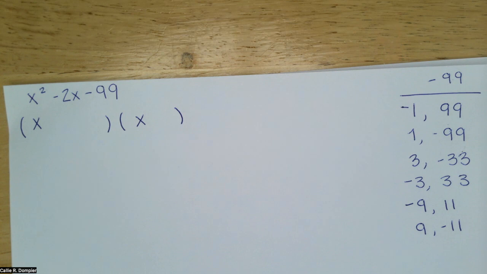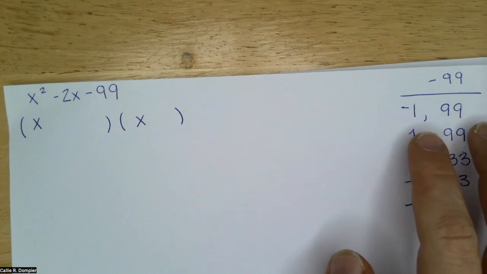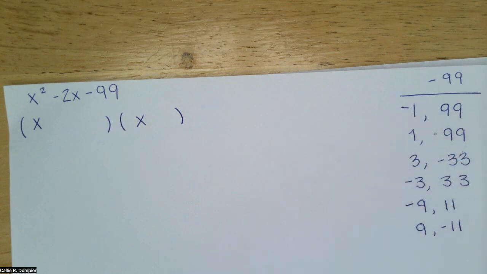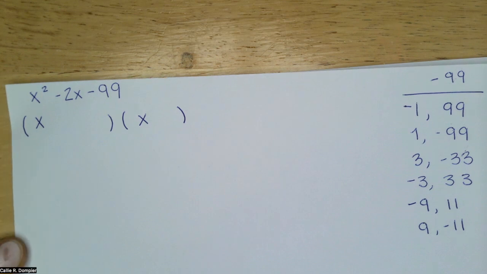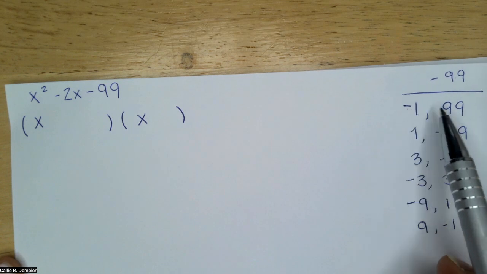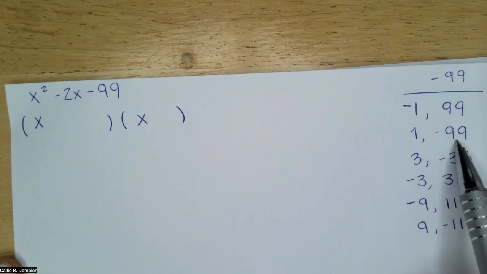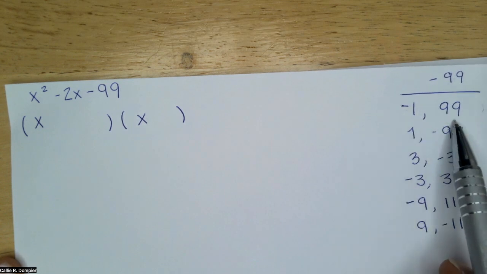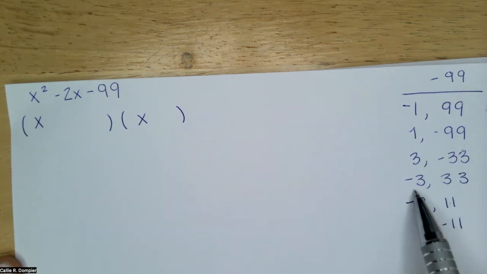It only took a couple of minutes, and you got really 3 factors, but we changed the sign, so it's turned into 6 factors. So we're just going to guess and check them. Instead of going negative 1 and 99, then 1 and negative 99, I would start with one of these, and one of these.